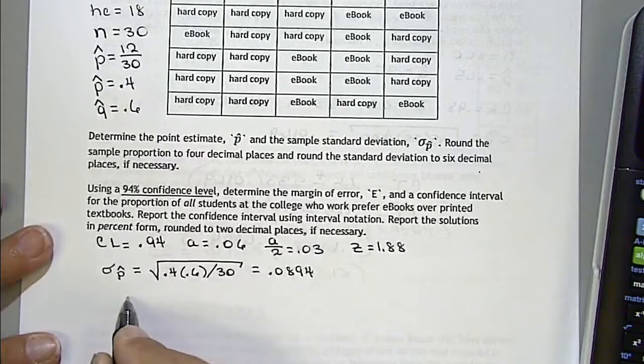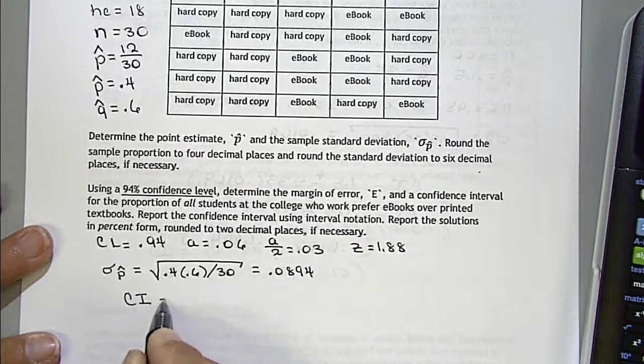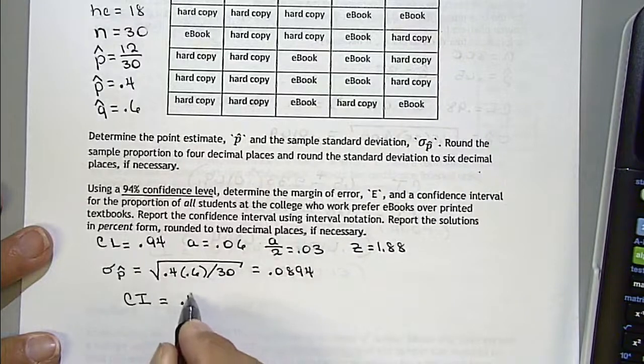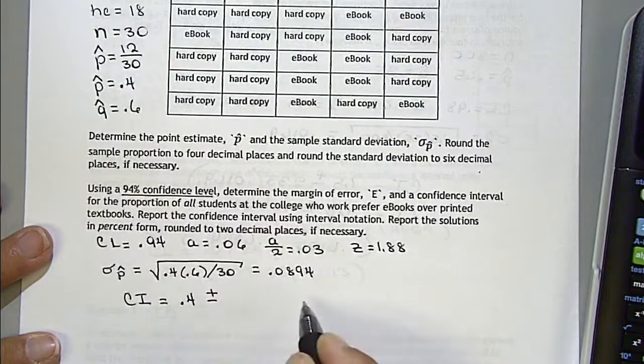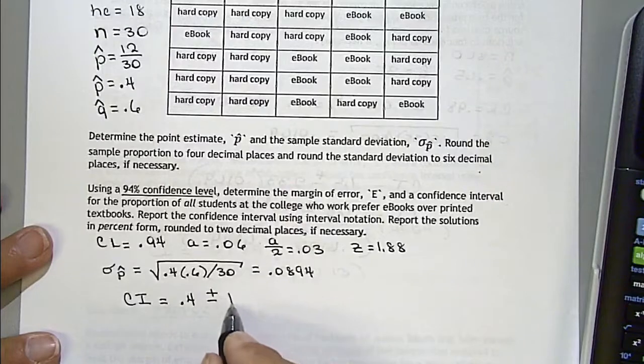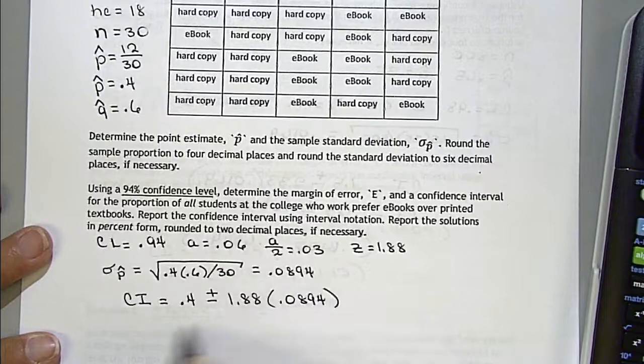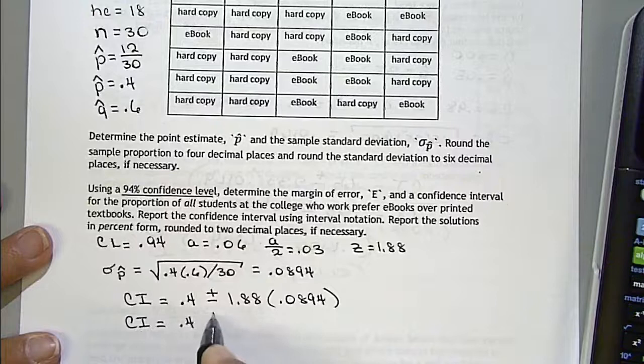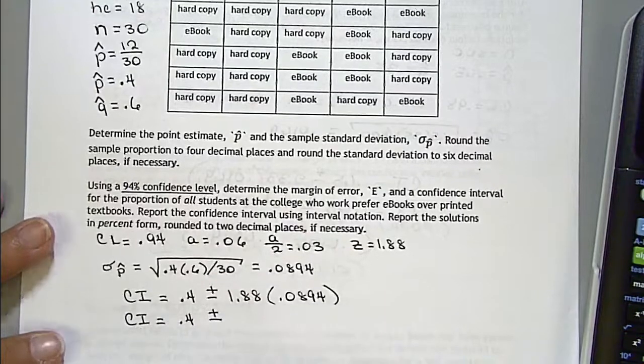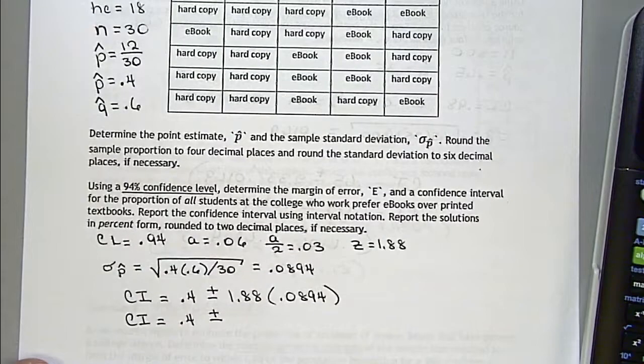All right, so here I have the confidence interval is going to equal the sample proportion, which was 0.4, plus or minus the z-score of 1.88 times the standard deviation that we just calculated. Confidence interval, 0.4 plus or minus, and those two numbers multiplied together is my margin of error, isn't it?